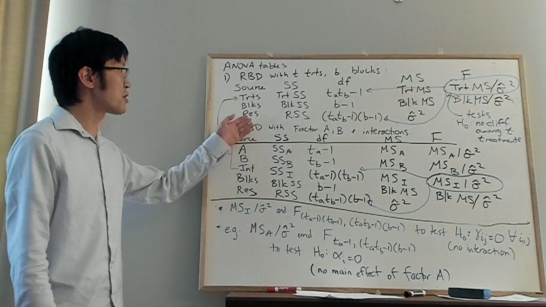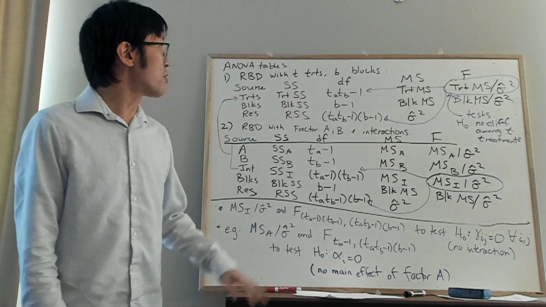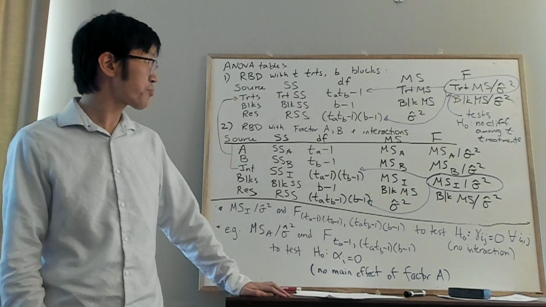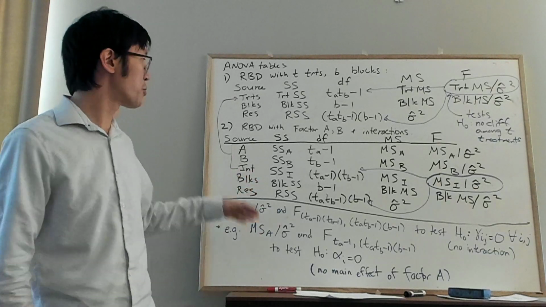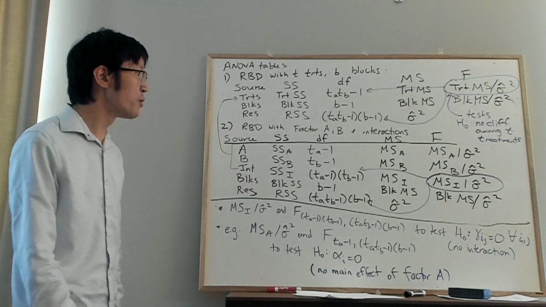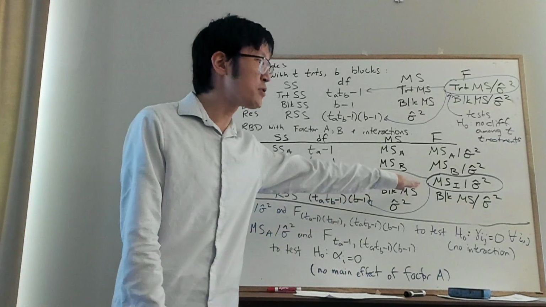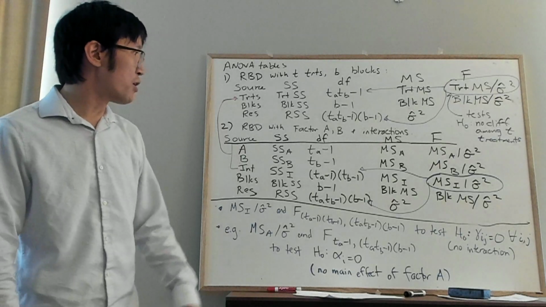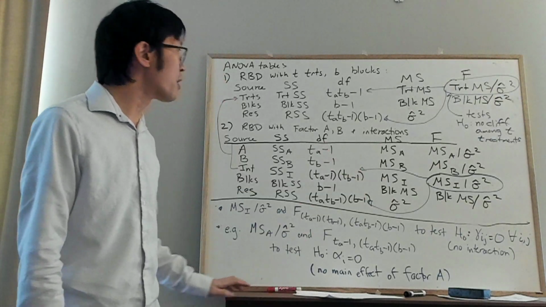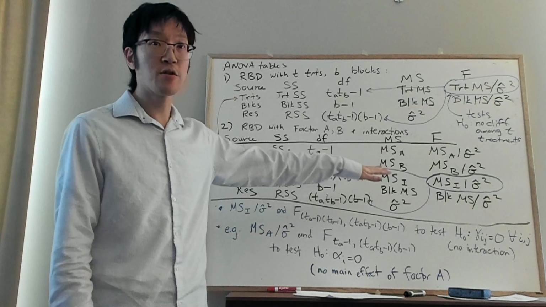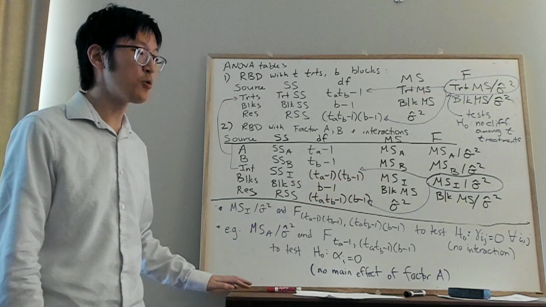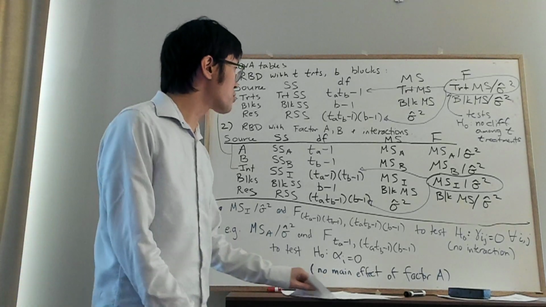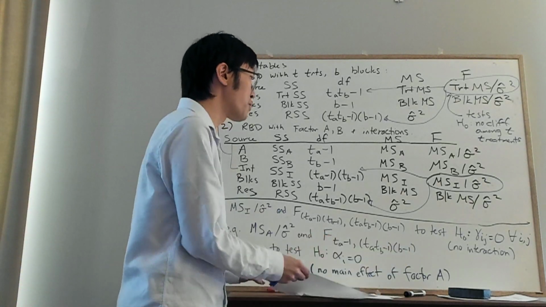Now, if there are significant treatment effects, then we might ask, is there interaction? Then we would construct a second ANOVA table, and use the interaction F statistic to investigate whether there's a significant interaction. If there isn't, then we could throw out the interaction from the model and reduce it to a model with additive effects. So that's the workflow that I've been alluding to.